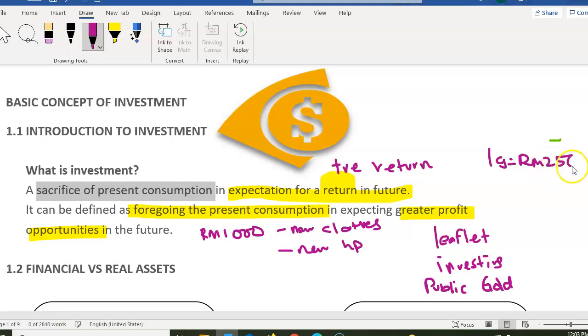If you invest in this public gold, you are going to have some profits in the future because this gold might appreciate in value. The price of gold is normally quite stable.